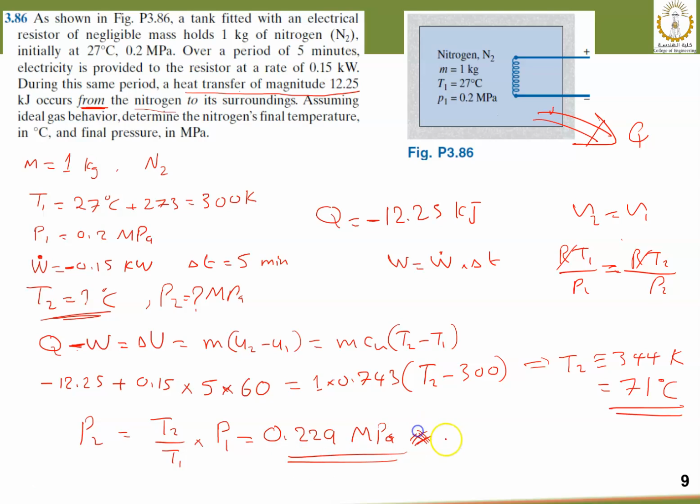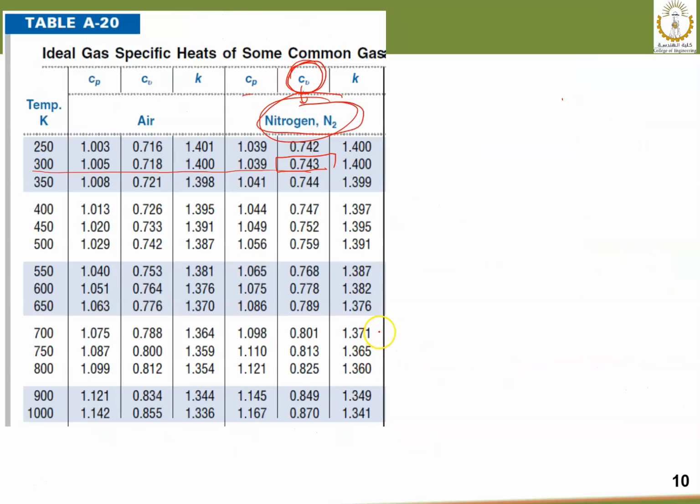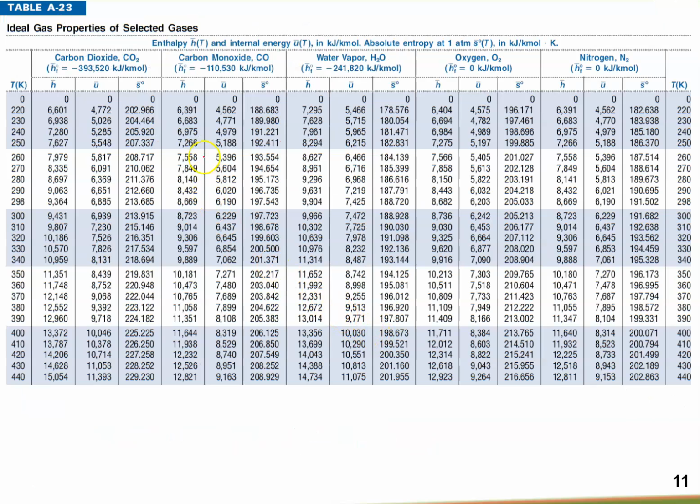So we solved this using constant specific heat. We also can solve it using the tables. For nitrogen, the properties in this book are given in table A23, and here it's in kilojoule per kilomole. But that's okay.